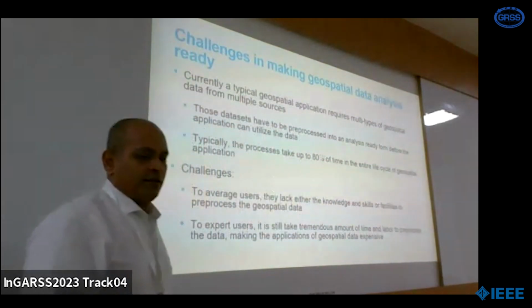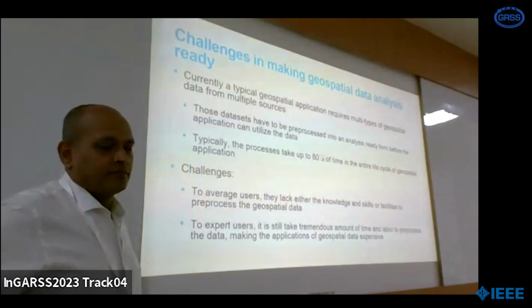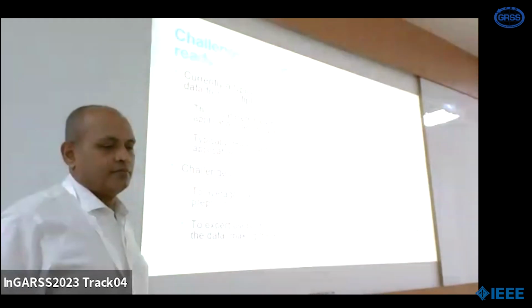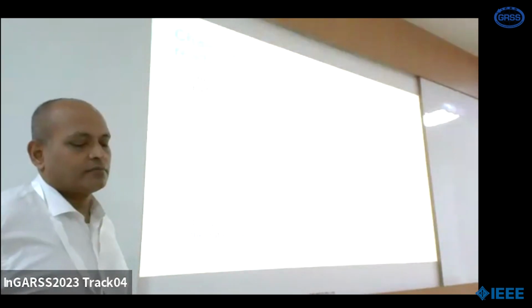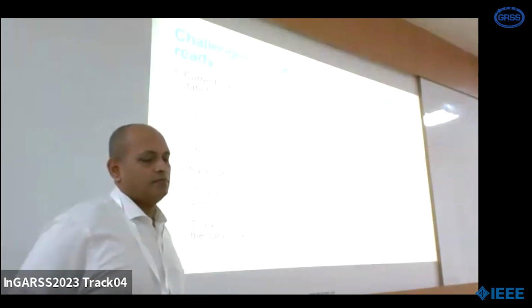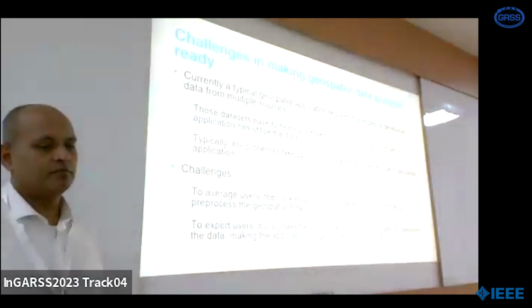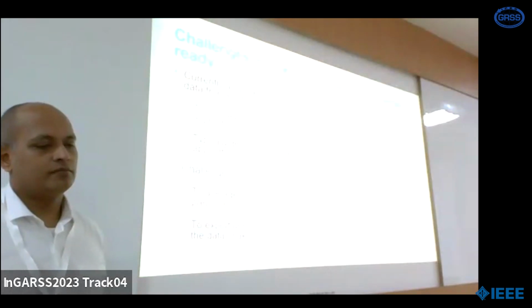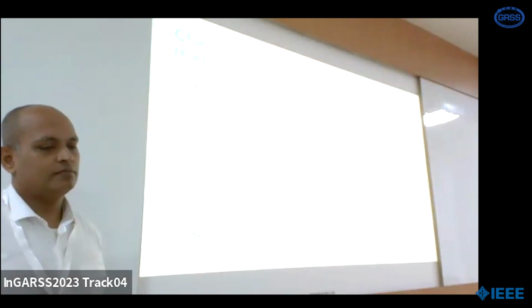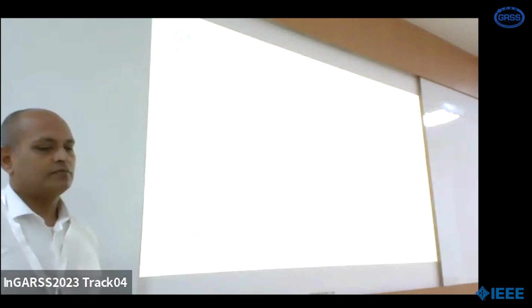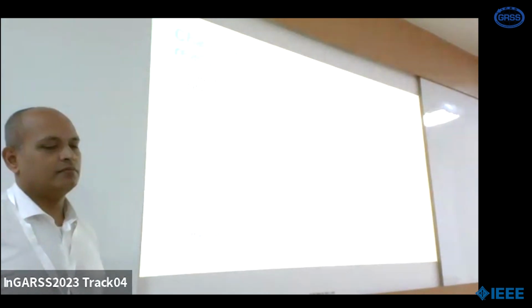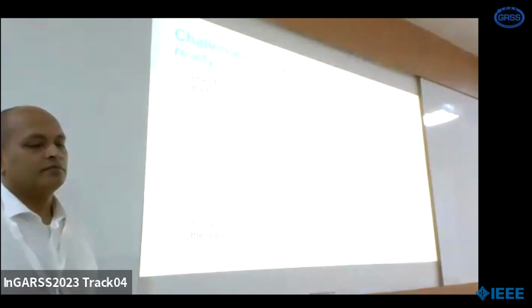Certainly, we face a huge challenge in making geospatial data analysis ready. First of all, a typical geospatial application requires multiple types of geospatial data from multiple sources. And those data have to be pre-processed into an analysis ready form before the application can utilize the data.